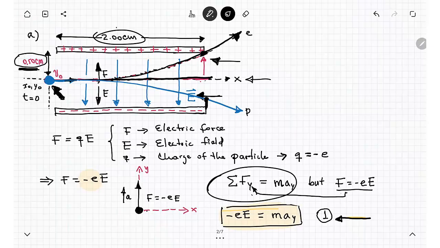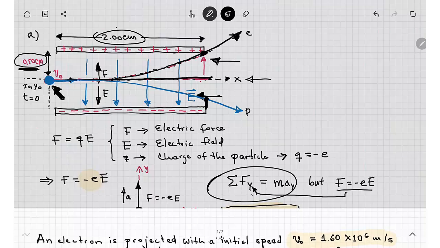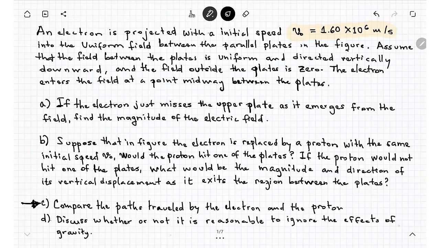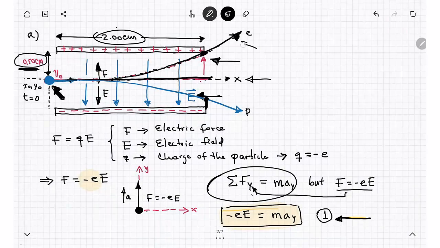So that's the difference between those paths, and that is like answering part C, right? Compare the paths traveled by the electron and the proton. The paths are like that. So the path of the electron is this one, and for the proton is this one. Okay.